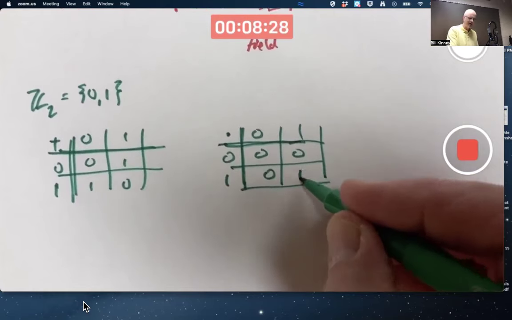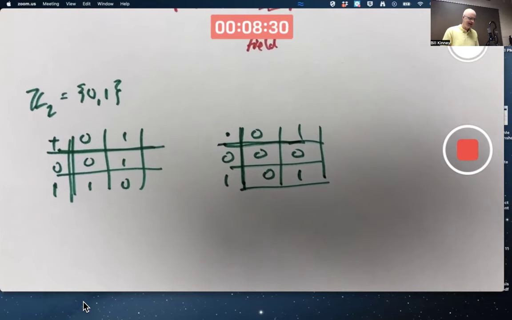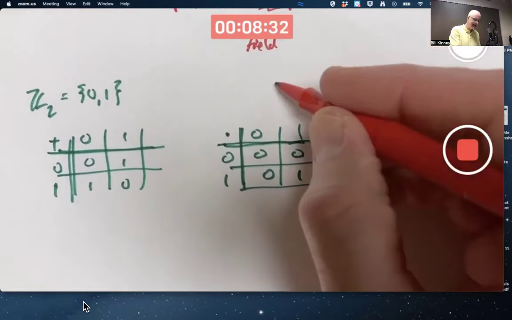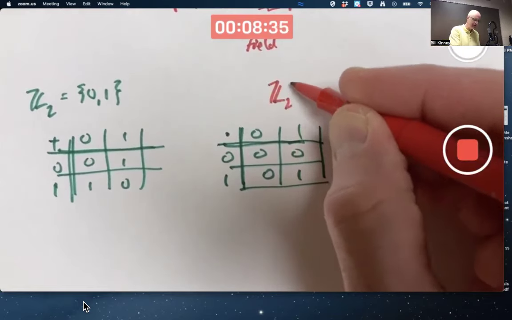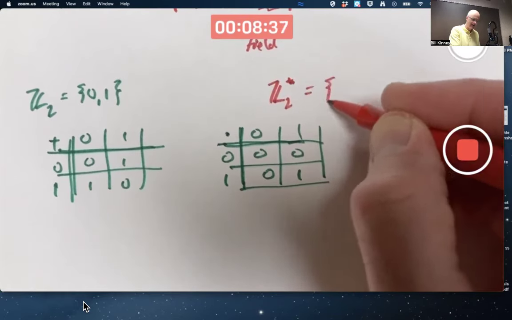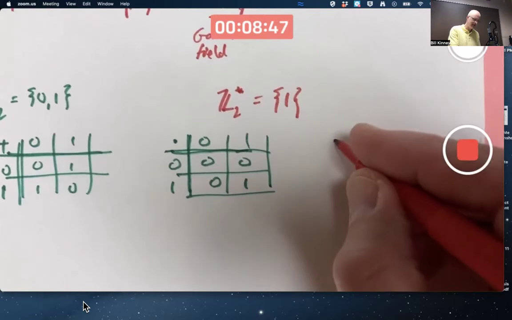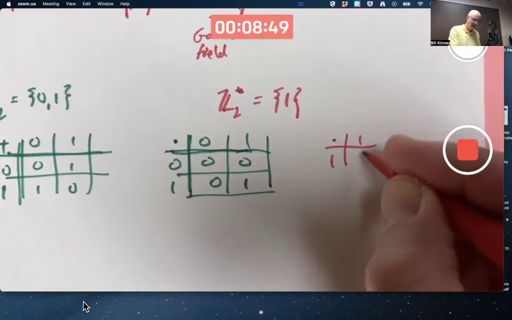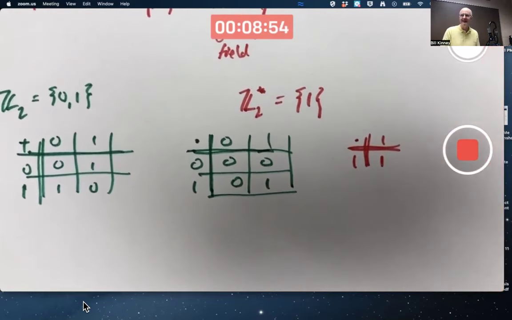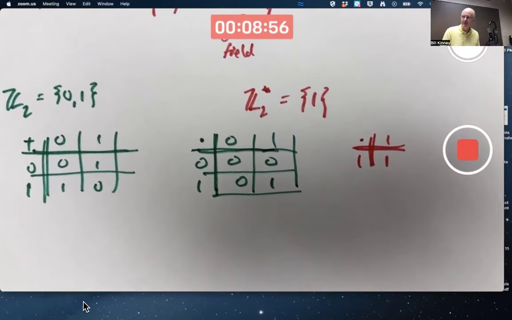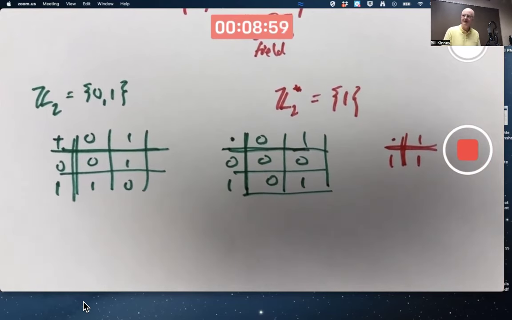And yes, 1 times 1 mod 2 is 1. You could say the set of units in Z2, Z2 star, has just the 1 element 1, that is a trivial group under multiplication. You can have trivial groups, but you can't have trivial fields. So that's the smallest field there is.